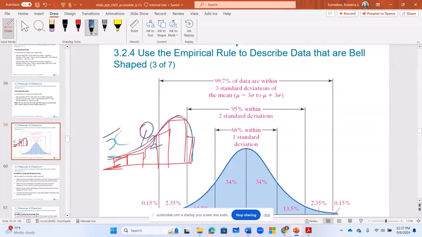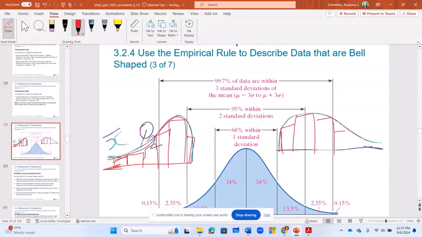And when a distribution skews right, I'm going to draw something like that. So this means that when I superimpose a curve on a histogram, it's going to have a tail at the right.